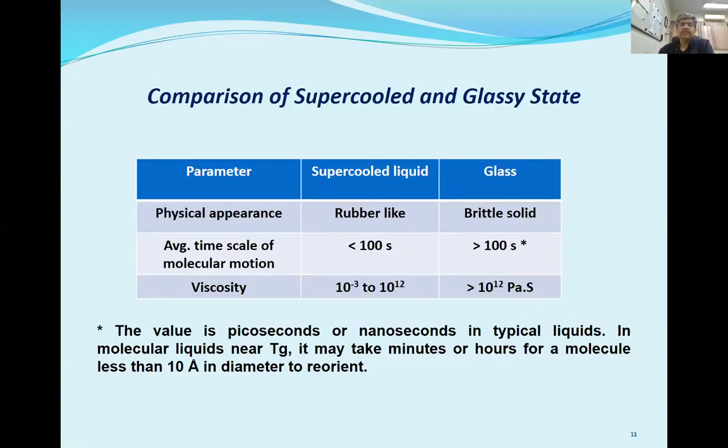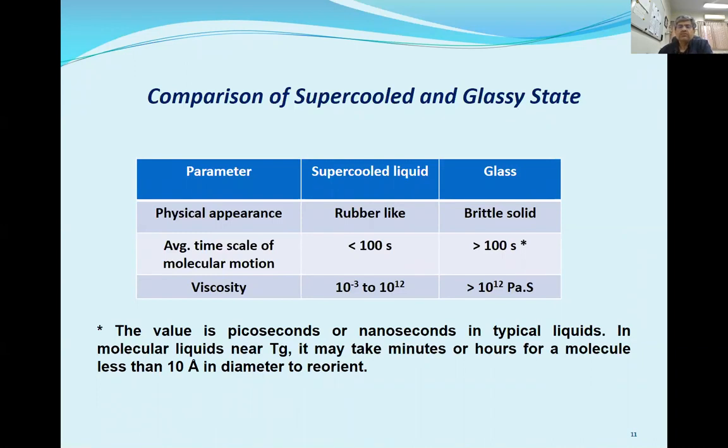The main difference between the two was that the supercooled liquid is more like a rubber-like state. That is why it is also called a rubbery state. Whereas in the glassy state, the material looks like a solid glass. And we had taken the example of window glass that we normally see.